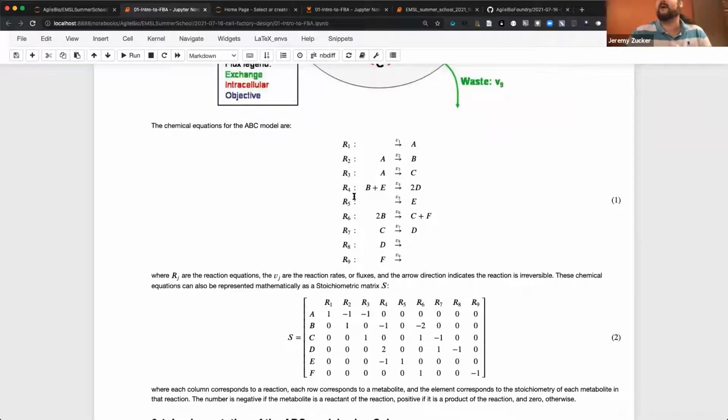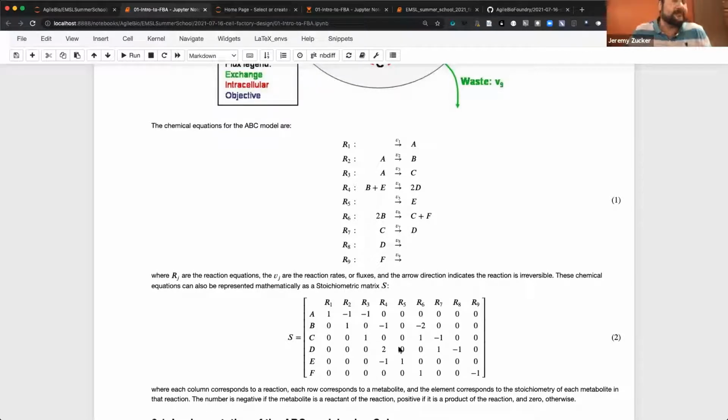If a metabolite participates in a reaction, it will have a negative stoichiometry if it's the reactant of a reaction, and a positive stoichiometry if it is the product of a reaction. So for example, reaction R2 goes from A to B, so there's a -1 for A and a +1 for B. Whereas over here we have reaction 4, which takes B plus E and produces 2D.